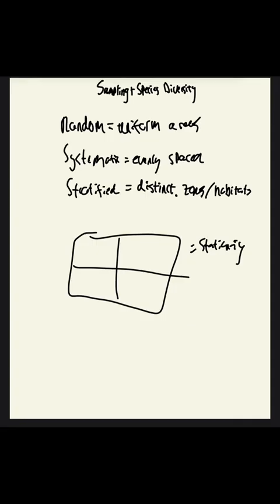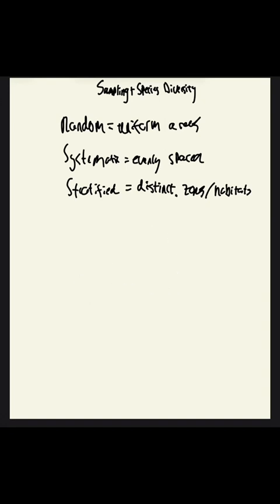And you also have line transects. So line transects record species at intervals along a tape. So that is, we record species at these different intervals along a tape.